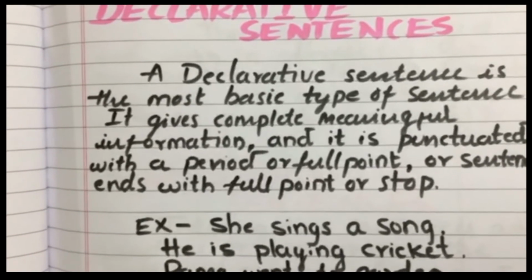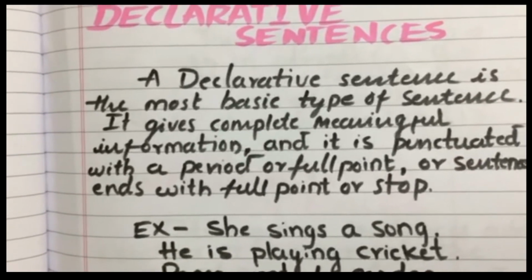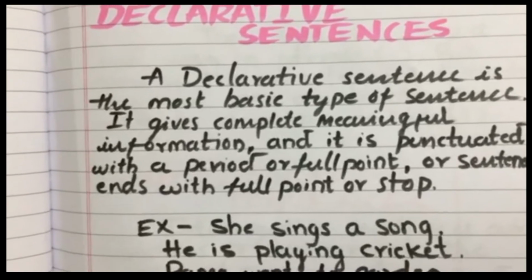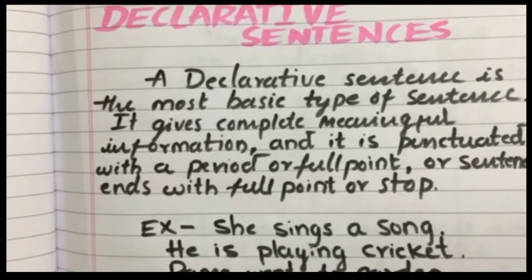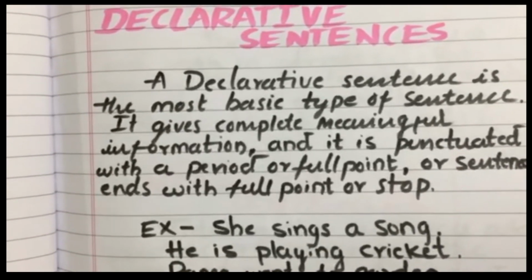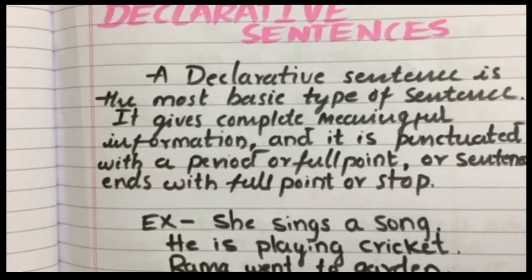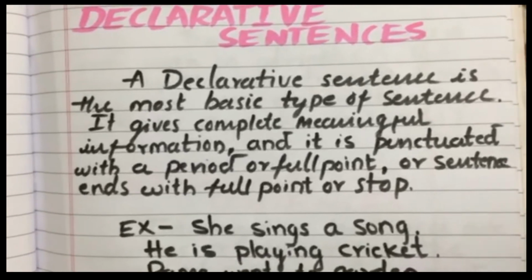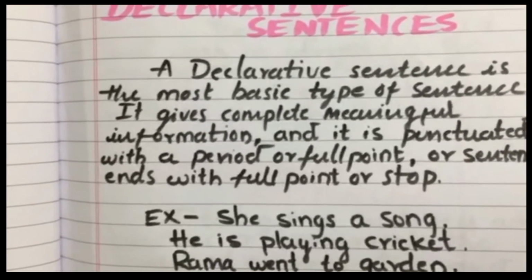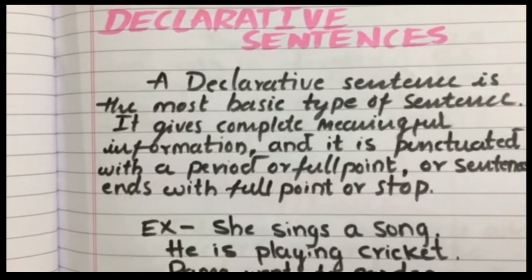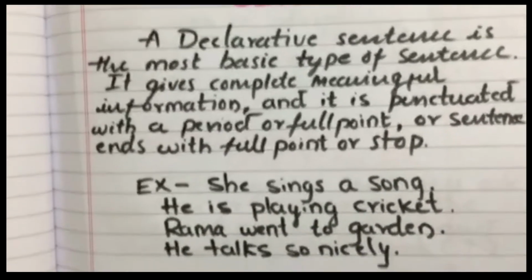A declarative sentence is the most basic type of sentence. It gives complete meaningful information and it is punctuated with a period or full point. The sentence ends with a full point or stop.